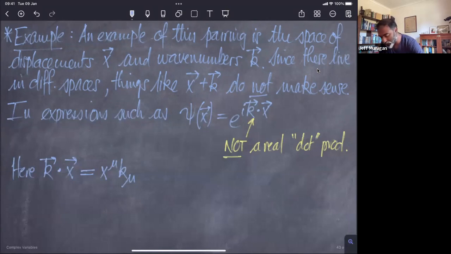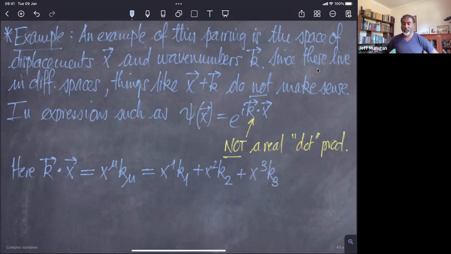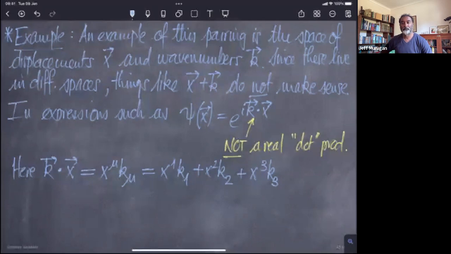Again, this is just the statement that x1 k1 must be added to x2 k2, and in 3 dimensions this sum goes up to 3. Okay, is everybody clear with this? Okay.